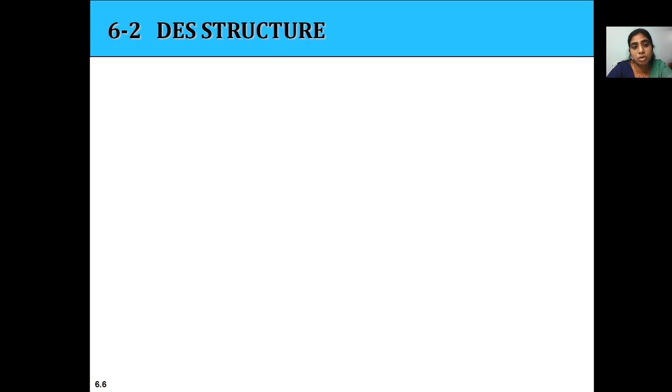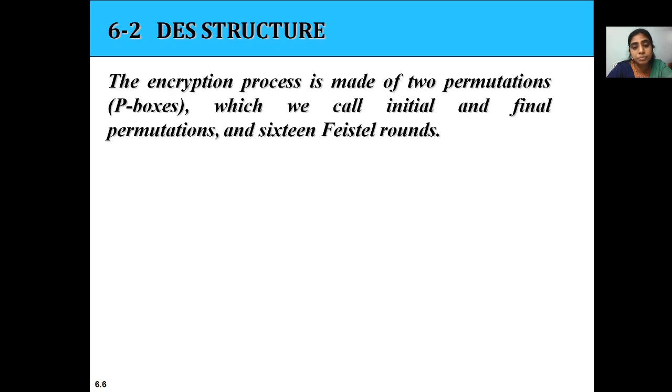Coming to the structure of the DES. Initially the structure contains two permutations or two P boxes, that is the initial permutation and the final permutation, and the number of rounds in the DES algorithm is 16 rounds.